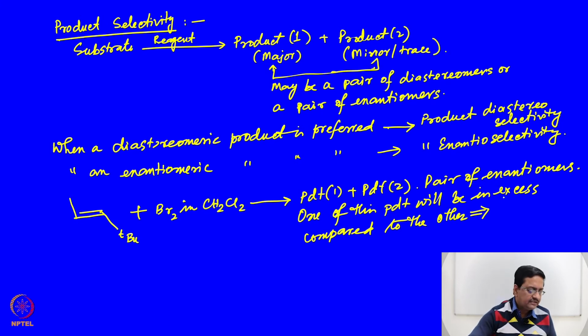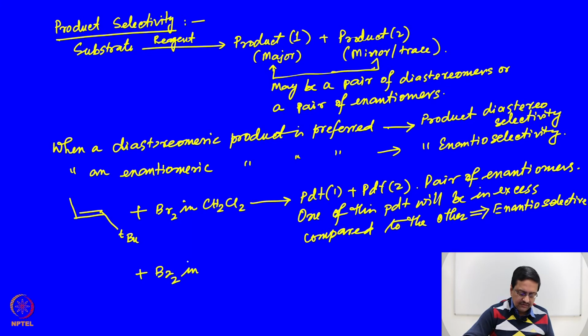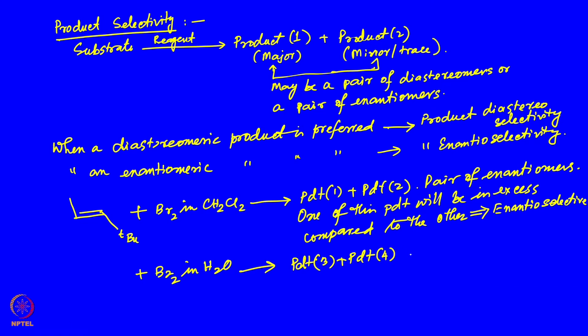That means we will see that this reaction is enantioselective. But when we do the same reaction with bromine in water, we will again get two different products, product 3 and product 4, and we will see that these products are a pair of diastereomers.